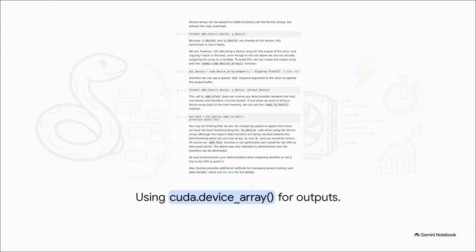First, we use CUDA.deviceArray to pre-allocate an empty bucket directly on the GPU. Then, we use a special out keyword argument in our function call to tell Numba, hey, put the result exactly right here in this bucket. Now the entire operation happens strictly on the GPU with zero automatic data transfers. When you're finally done with all your sequential math and you truly need the data back on your CPU, you just call the copy-to-host method.